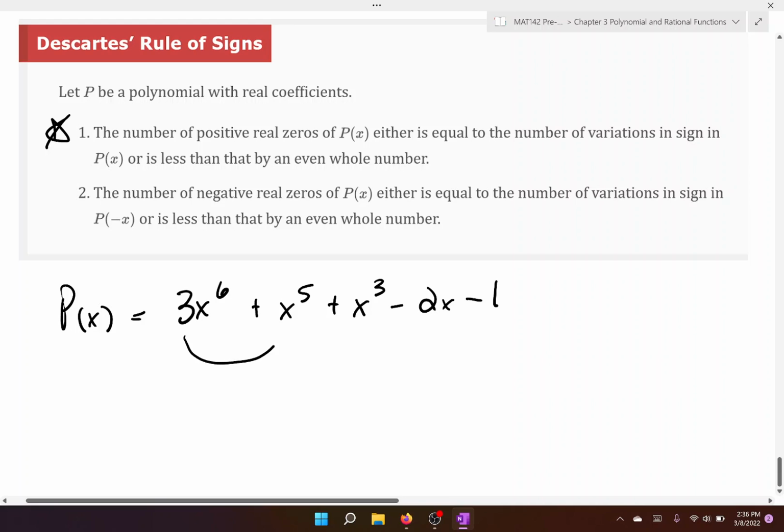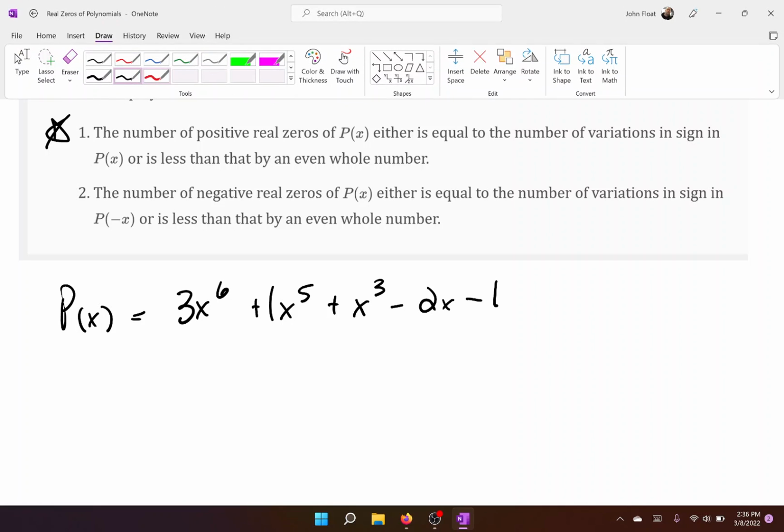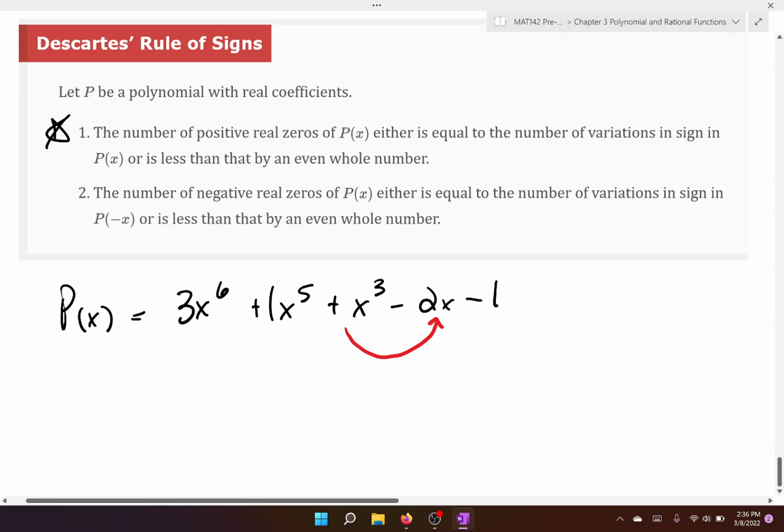So for example, from the first term to the second term, there's no sign change. 3 is positive, and this is positive 1, so no sign change. Now, if we go from x to the 5th to x to the 3rd, once again, it's positive, no sign change, okay? However, if we go from x to the 3rd to x to the 1st, notice this is a sign change, okay? And then finally, from -2 to -1, there is no sign change there.